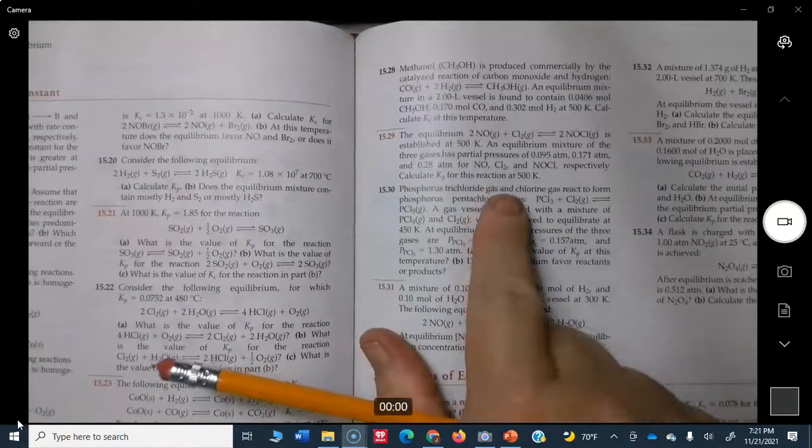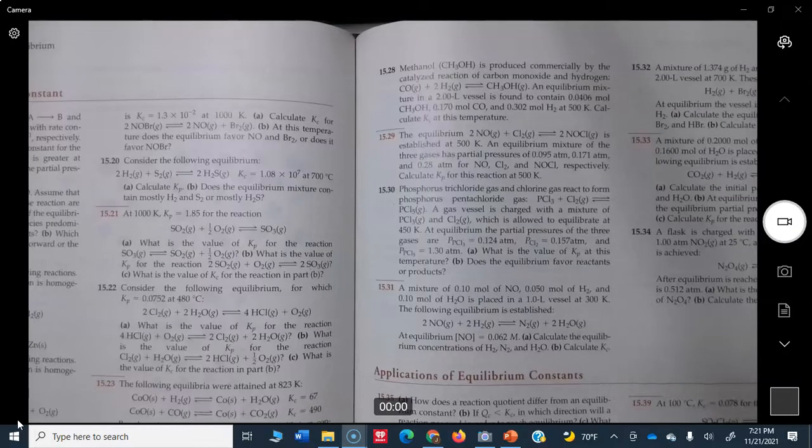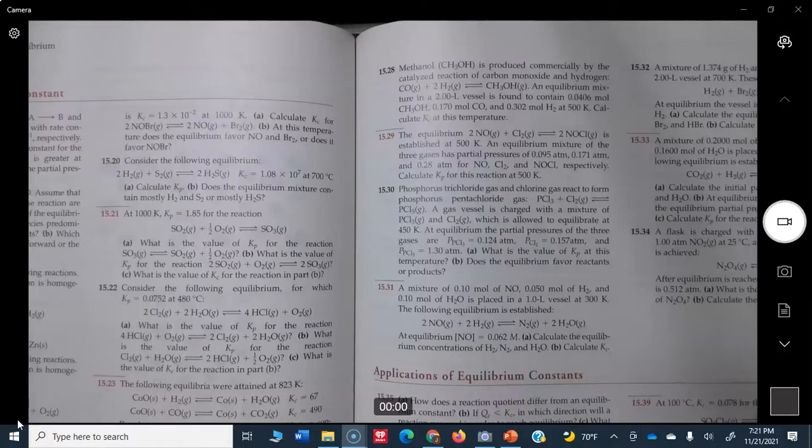Okay, so let's bring it over here and read it. It says the equilibrium 2NO plus Cl2 produces 2NOCl is established at 500 K. And just saying that the temperature is not going to change. An equilibrium mixture of the three gases has a partial pressure of 0.095 atmosphere, 0.171 atmosphere, and 0.28 atmosphere for NO, Cl2 and NOCl respectively.